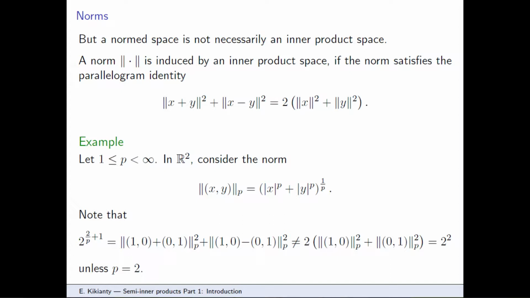If you consider (1, 0) and (0, 1), you can quickly make your calculation. You want to check if your parallelogram identity holds or not, right? So you look at the left-hand side and the right-hand side. Left-hand side, after some calculation, you can check this later, I'm just going to skip this. Your X is (1, 0), your Y is (0, 1). You'll get 2 to the power 2 over P plus 1.